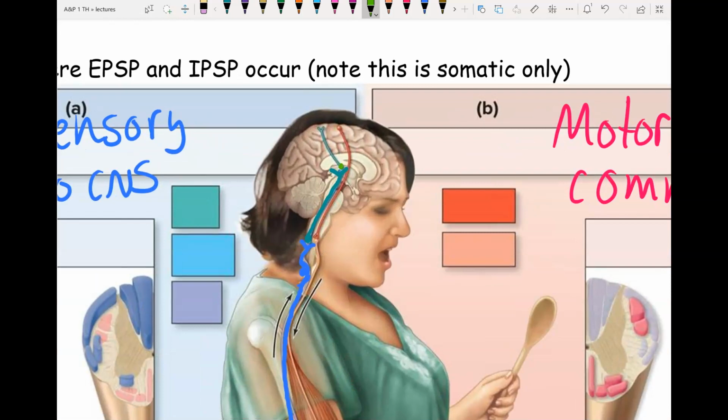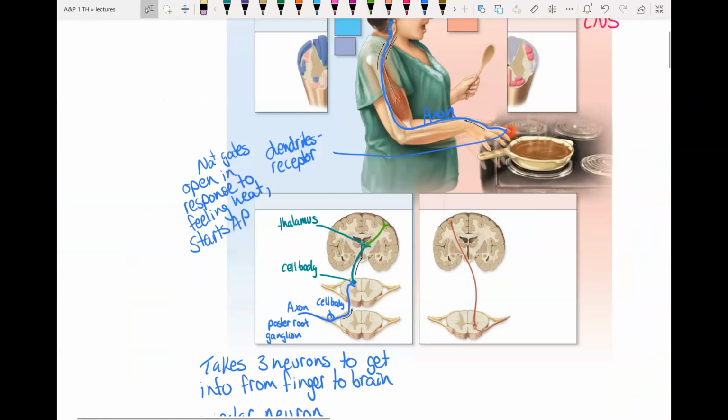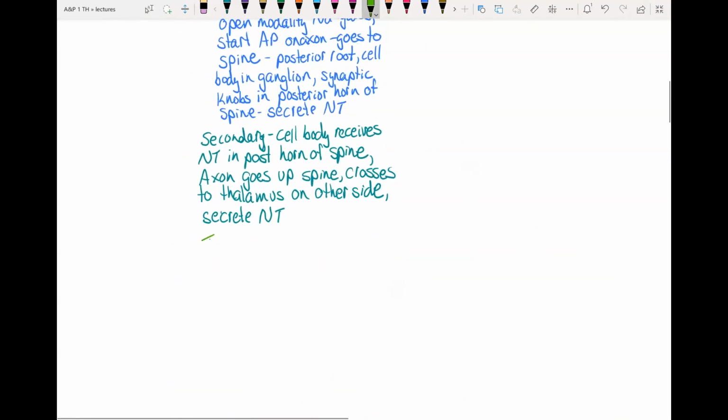There's its cell body in the thalamus, its axon comes up, and it goes up there to the cerebral cortex. So the tertiary receives neurotransmitter in the thalamus.